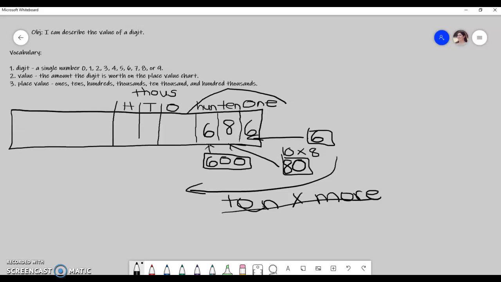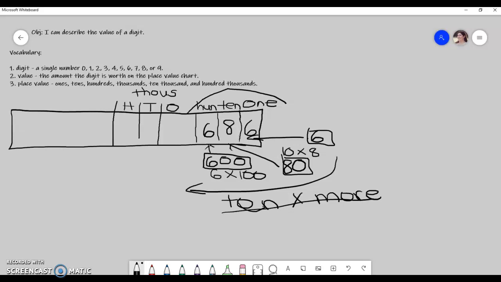And 6, 10 times 6 is in the hundreds place, so 6 times 100. It's 100 times more than the ones place. So it's 6 times 100, which is 600. Or you could say that it's 10 times more than the tens place.